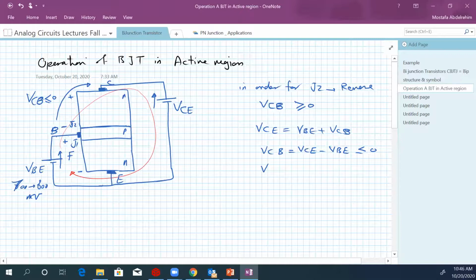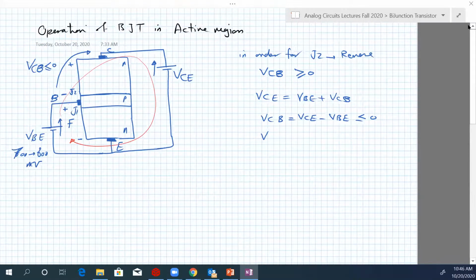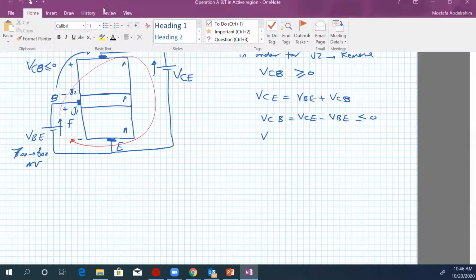Reverse means that the voltage of the collector must be larger than the voltage of the base. We want the voltage of the collector to be more than the voltage of the base. So V_CB should be larger than or equal to 0, not less than.